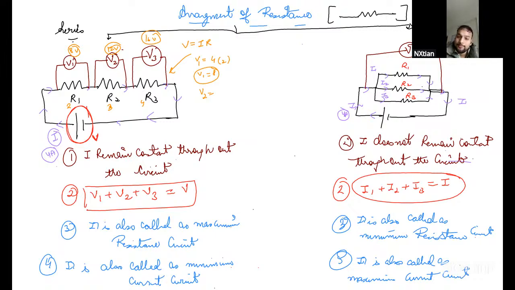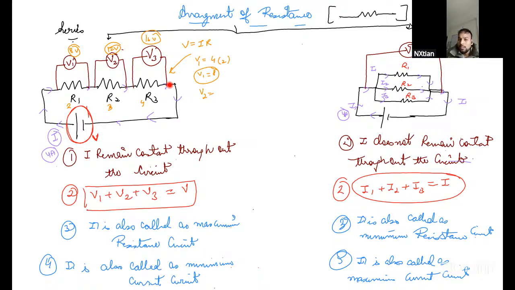Please pay attention, okay? What does this mean? It is called the maximum resistance circuit. Which one? Series one. Why? Because in this, the addition, like we will do the derivation tomorrow, but what I'm trying to say is that R1 plus R2 plus R3, when you add it, you will get the maximum resistance. And if maximum resistance is there, then minimum current will be there.